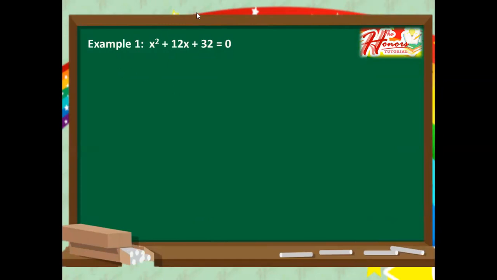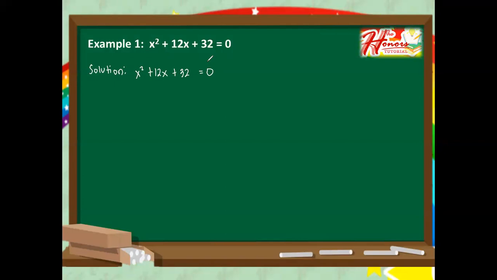Let's write solution here. And we have here x squared plus 12x plus 32 equals 0. And then we have to transpose positive 32 at the right side of the equation.